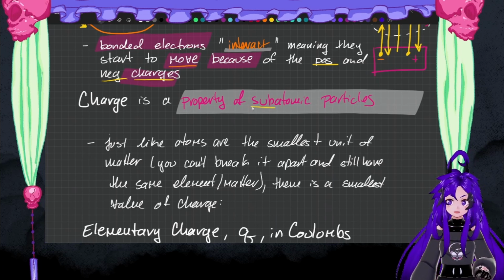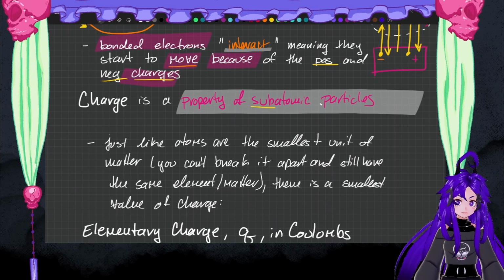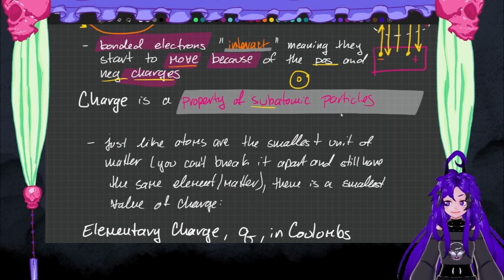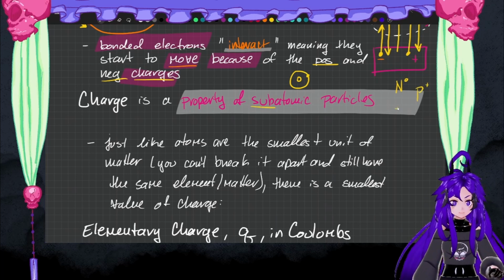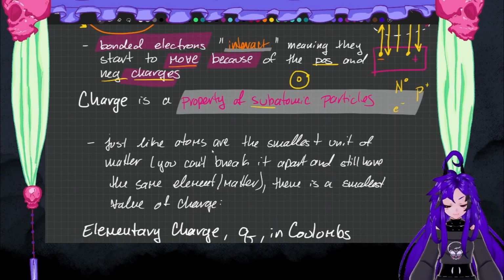It is below or less than or inside the atom. So the less than atomic particles, the atom being the whole thing, right? The subatomic particles have charge. Some of them are neutrally charged, some are positive, some are negative. Cool, right?